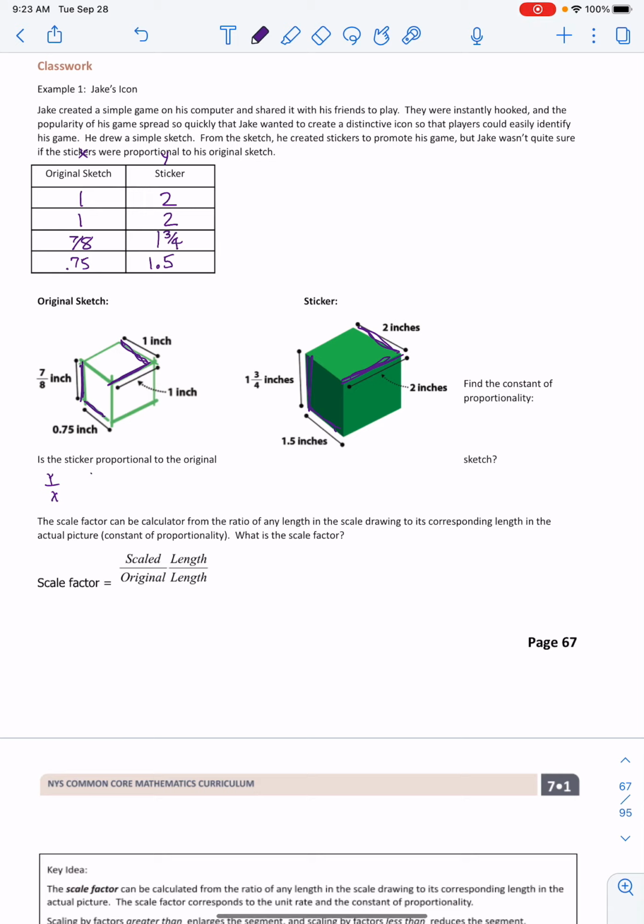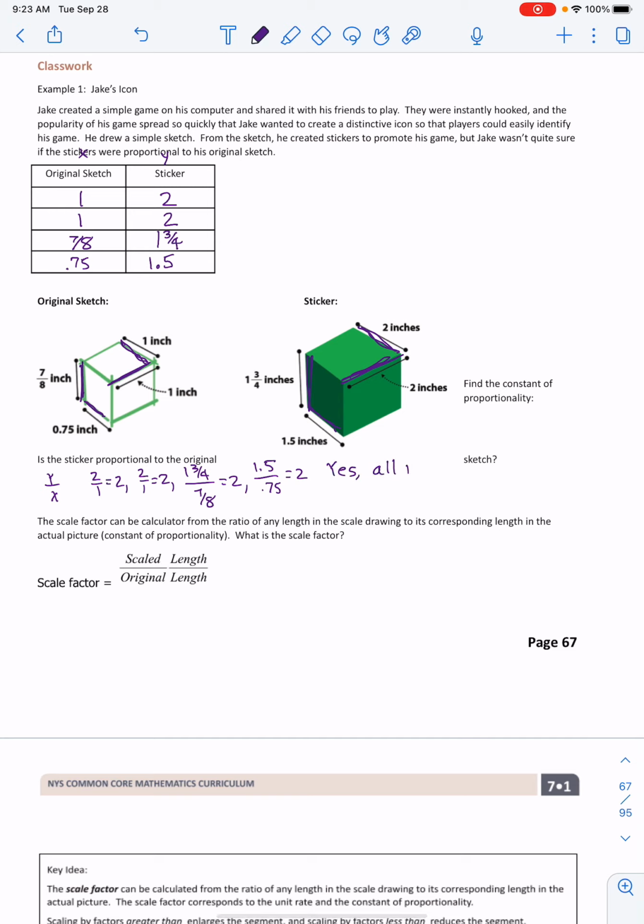We have 2 over 1, that equals 2. We have 1 3/4 over 7/8, that equals 2. And 1.5 over 0.75, that equals 2. So the answer is yes.